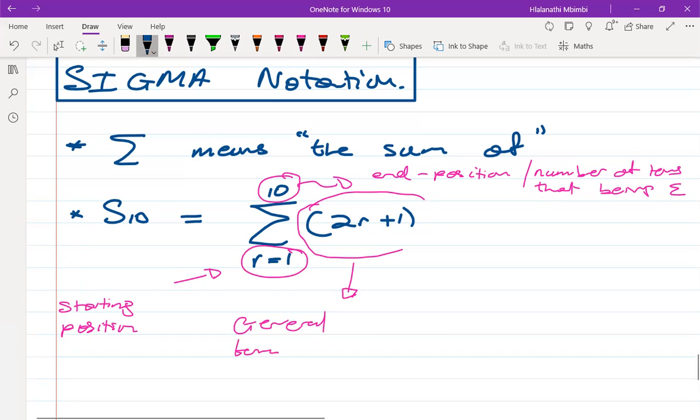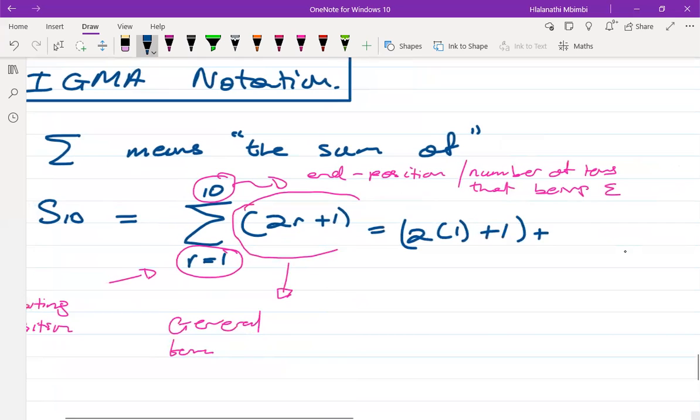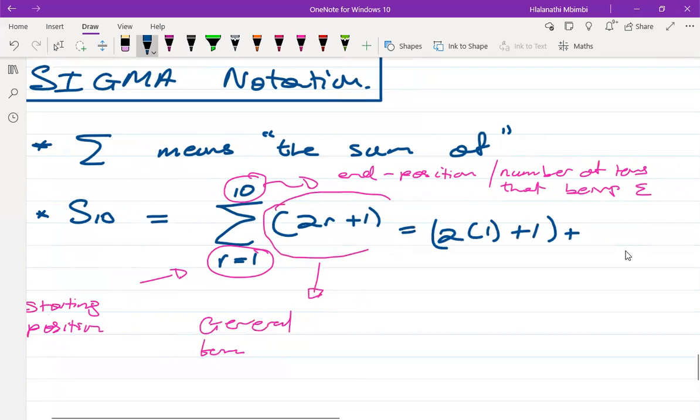So let's look at what this basically means. If you have something like this, this is the starting position, right? So when you're summing something like that, this is where you're starting, this is where you're ending. So you're going to be saying at position number 1, what's the value? And then you add it to position number 2, what is the value?